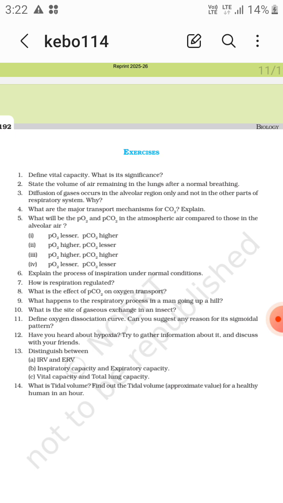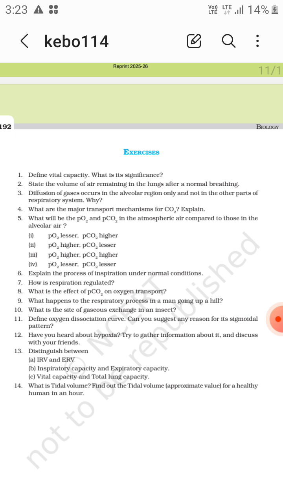Inspiratory reserve volume is the additional volume that is forcibly inspired after a normal inspiration. That is the IRV, the inspiratory reserve volume.